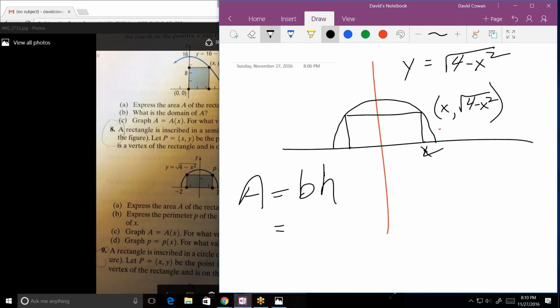In other words, x is the distance from there to there. We've also got the other distance, an equal amount in the other direction, so our base is 2x. And our height is y, which is the square root of 4 minus x squared. There's our area function as a function of x.